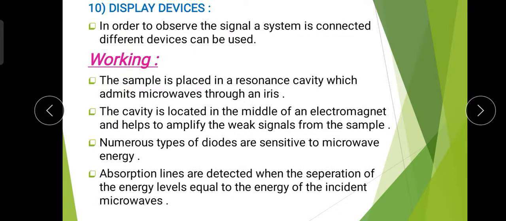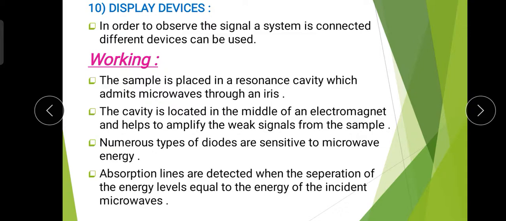Now the next and last component of the ESR spectrometer is the display device. In order to observe the ESR spectra, we require a particular display device. That is, in order to observe the signal, a system connected to different devices can be used.